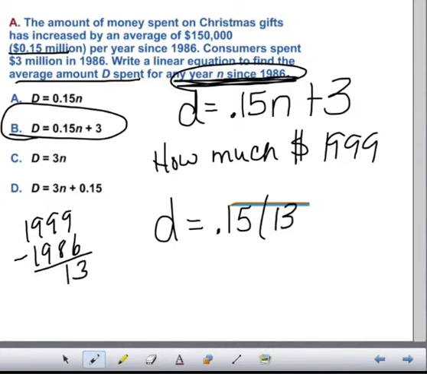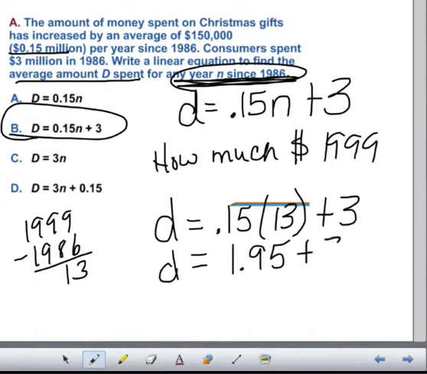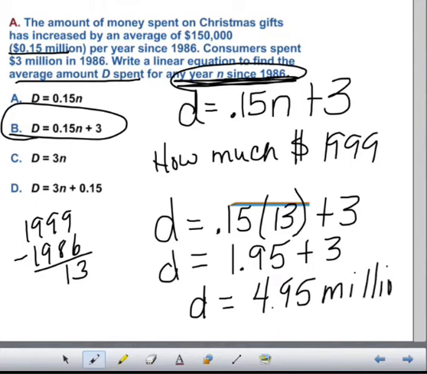So that's the number of years since 1986 plus 3. Working that out, 0.15 times 13 is 1.95 plus 3. So D is going to be what? $4.95 million was spent on Christmas gifts in 1999.